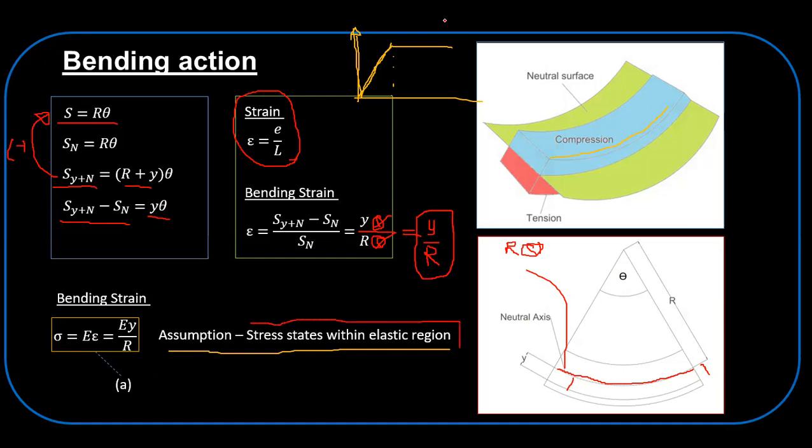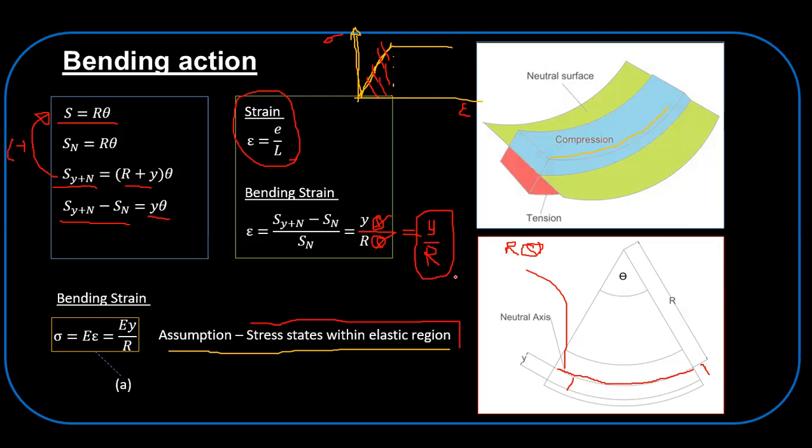If it goes into the plastic region, you can't apply this equation, as there will be permanent deformation in such a case. You can see that for constant stress, epsilon naught is increasing, so you are working in this elastic region.